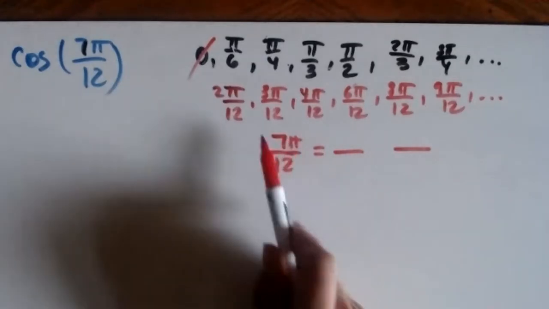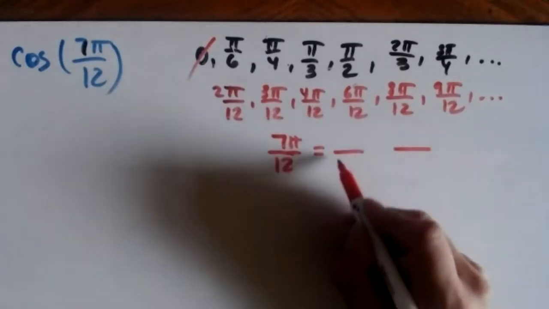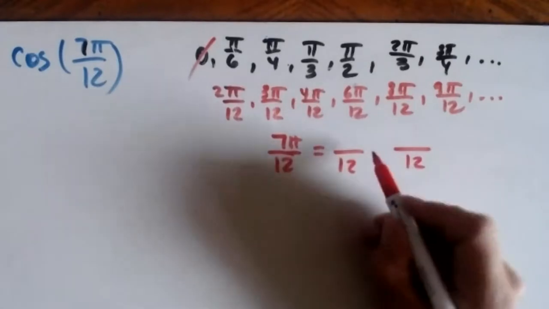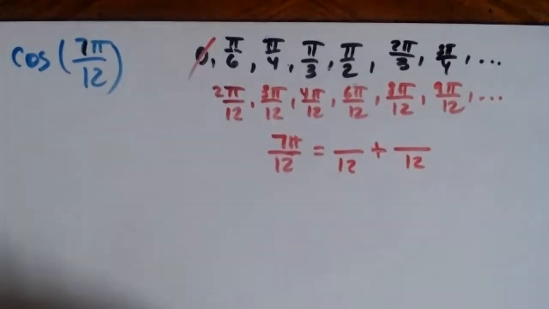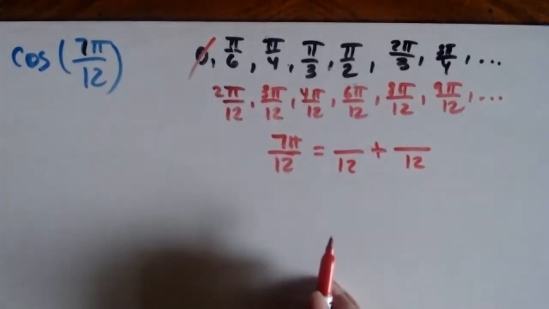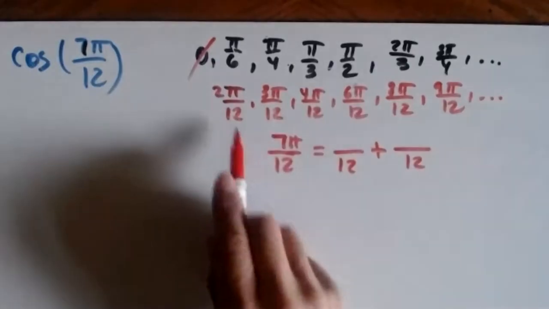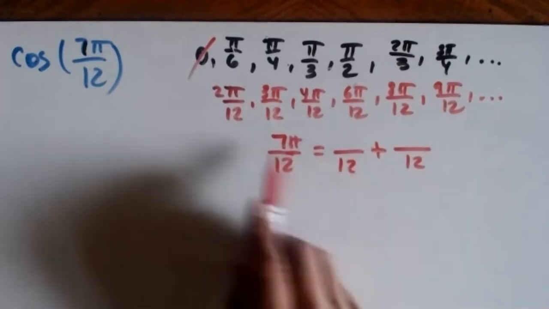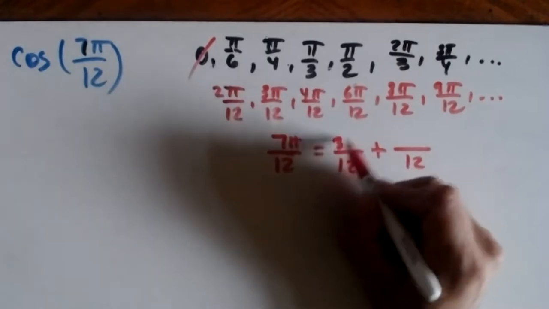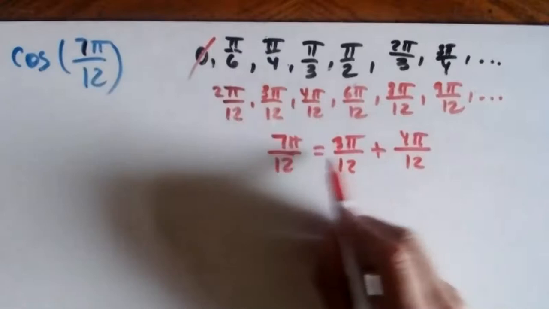Well, the 12 is always the same. So this is going to be 12. This is going to be 12. And I'm going to put here this one. So it's 7 pi over 12. So it's 3 pi plus 4 pi, correct? 3 plus 4 is 7.